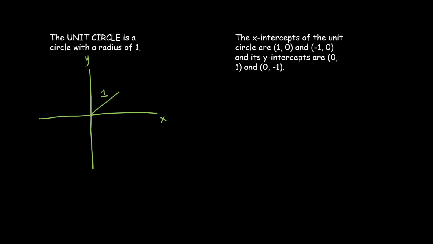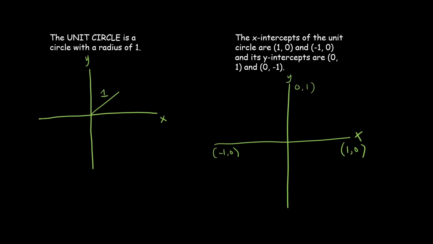The x-intercepts of the unit circle are (1, 0) and (-1, 0). Our y-intercepts are (0, 1) and (0, -1).